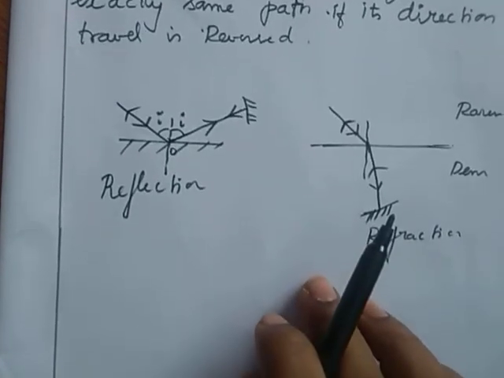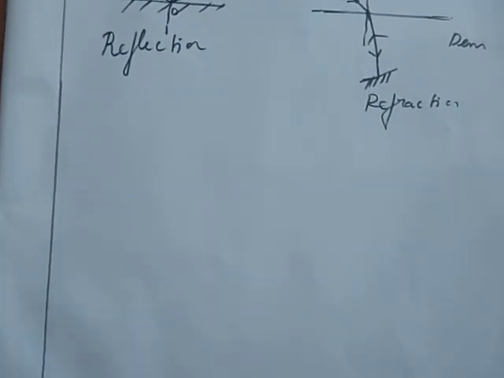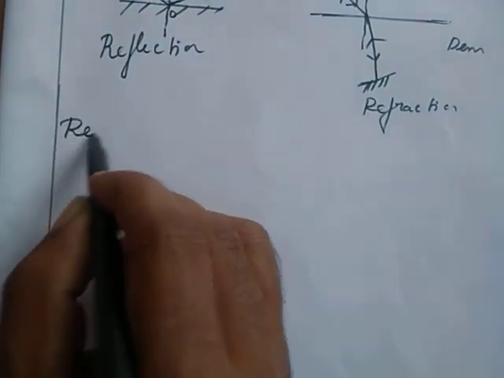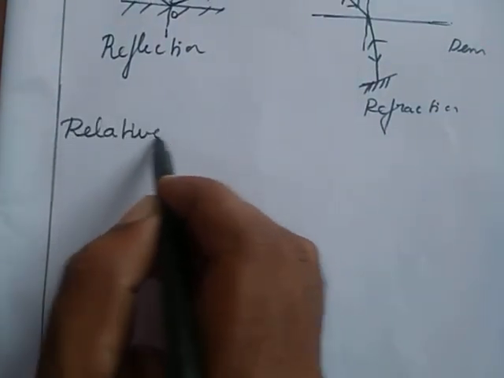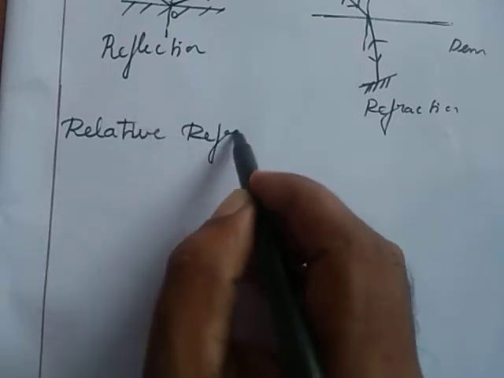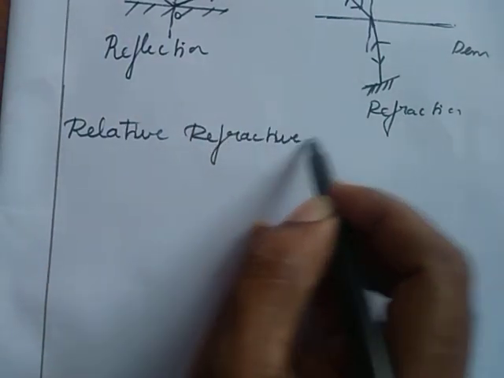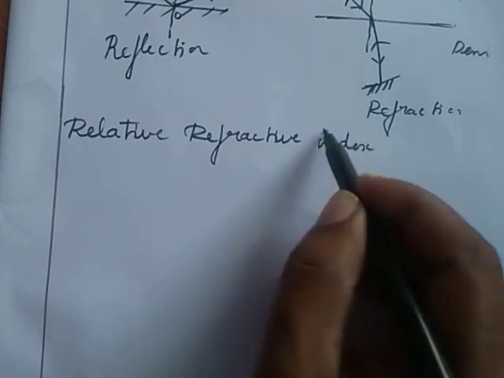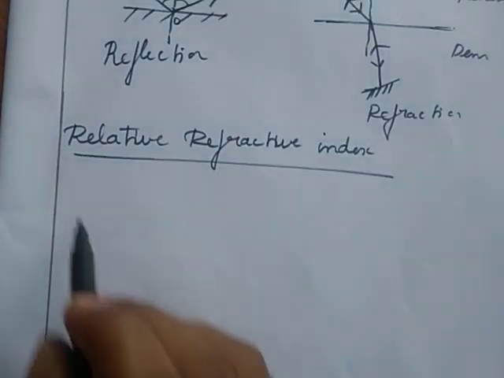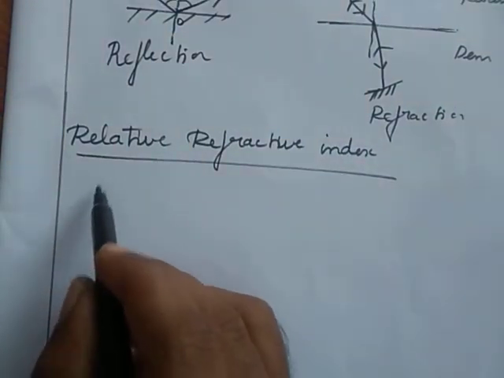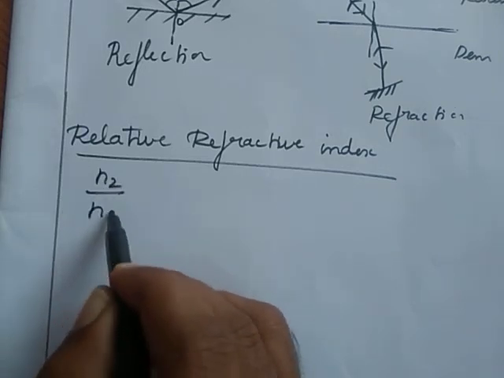Then our next concept, that is relative refractive index. Relative refractive index is n2 by n1.